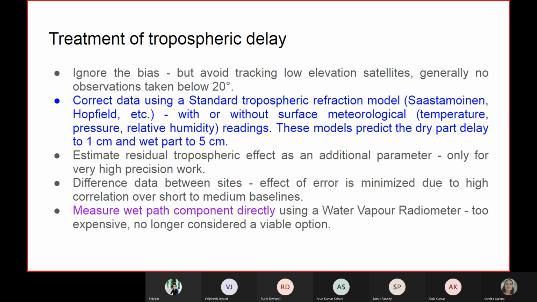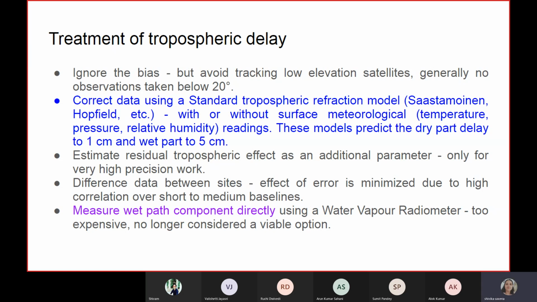So how do we treat tropospheric delay? We can largely avoid this bias by avoiding the delays caused by low elevation satellites. As we've seen, the lower the elevation angle, that means the closer the satellite is to the horizon, the longer the delay.